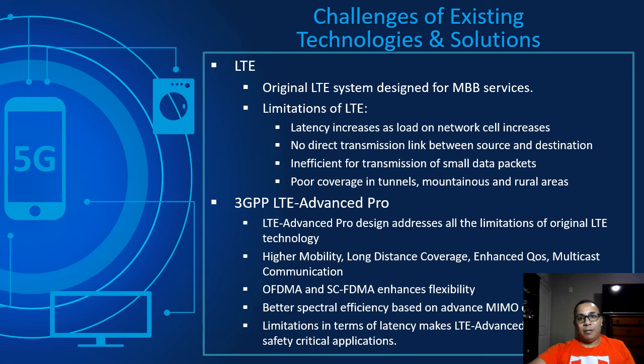Concerns on the LTE system primarily are since the system is designed for MBB services. Now, some of the limitations are latency, no direct transmission between source and destination, inefficient transmission of data packets, poor coverage.